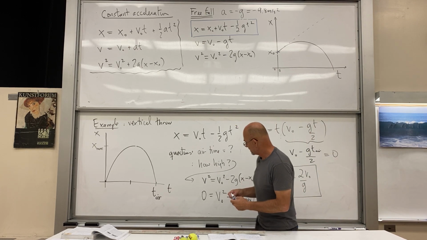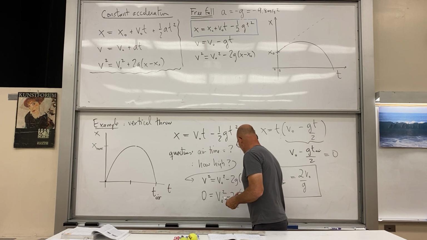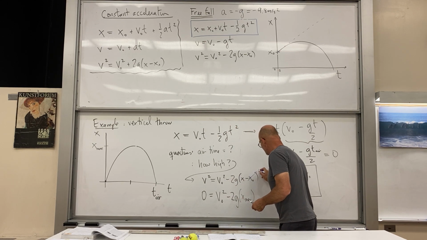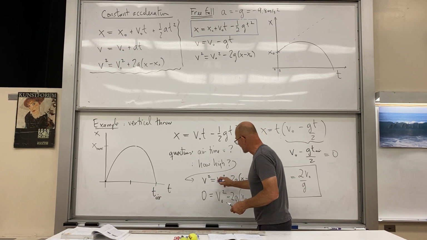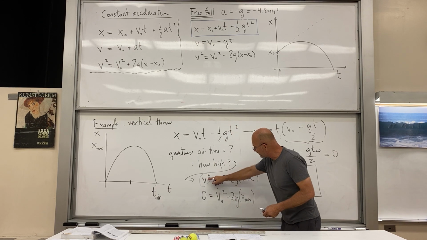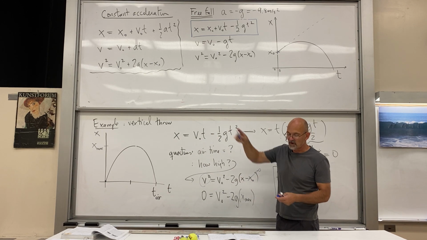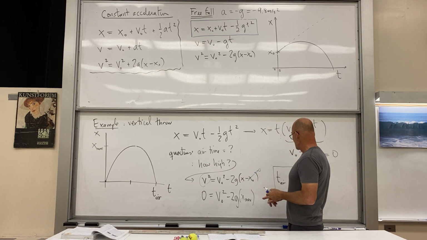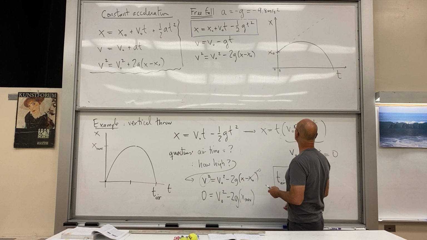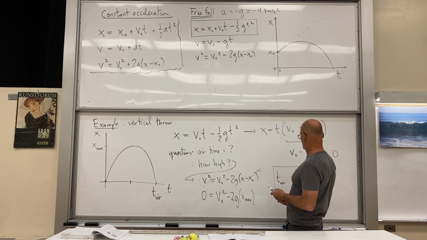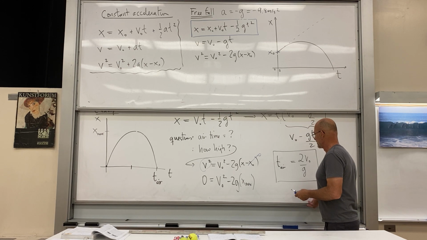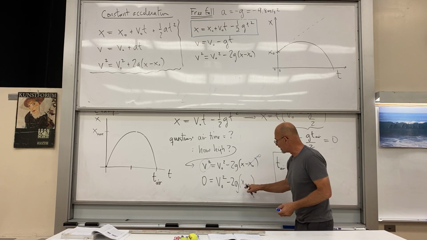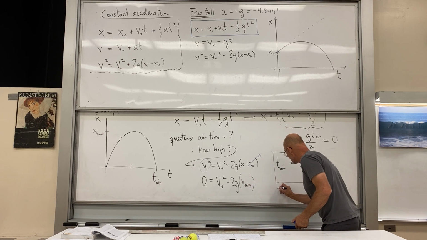So using a different color, we struck that equals 0. This was x max, and this was 0 at the top when it came to a stop. Now, I'll put this right here. So we're going to solve for x max.